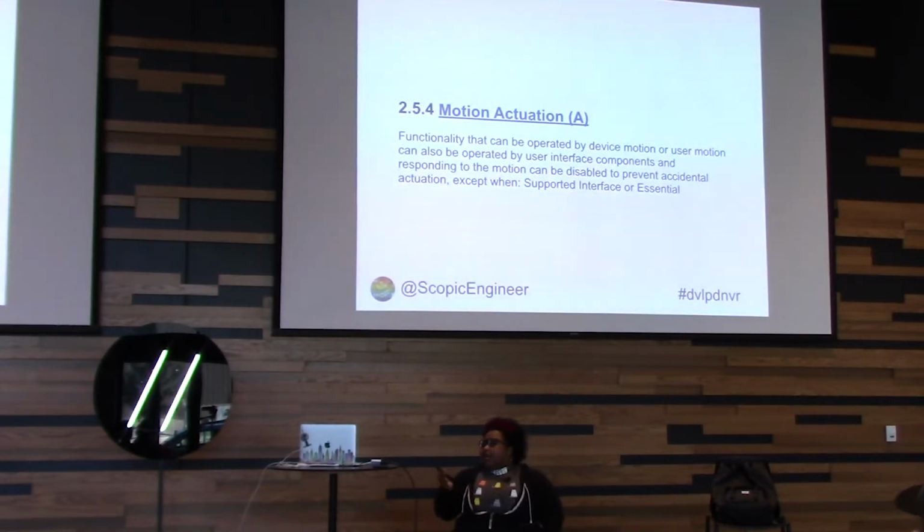Motion actuation. When I first was looking at this one, I had a little trouble with it because it's very wordy. Functionality that can be operated by device motion or user motion can also be operated by user interface components, and responding to the motion can be disabled to prevent accidental actuation, except when supported interface or essential.